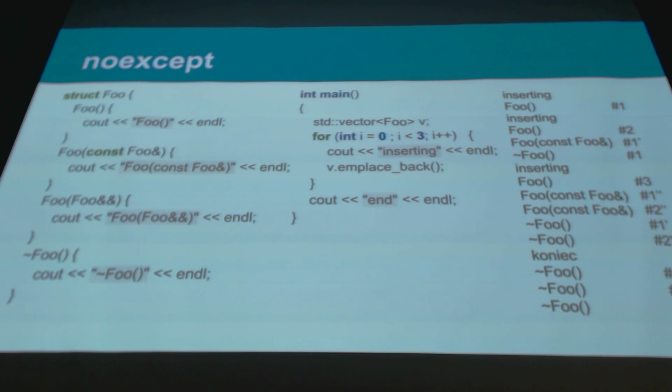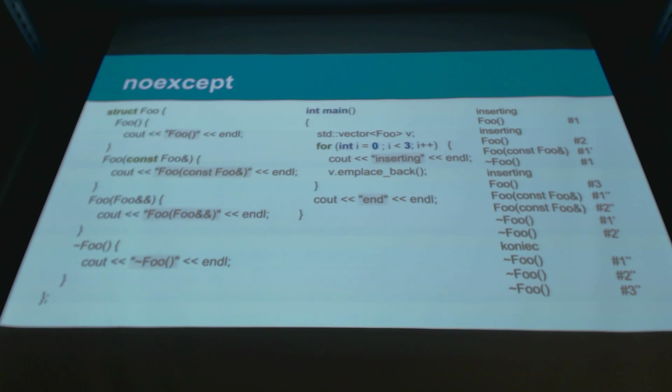So it turns out that if we run this code, we will get output like this. First we insert the first thing, then when we want to insert the second thing, the vector has to make more space, right? Because it has only one space at the beginning, or it differs by implementation, right? But in this case, it was like this. So we construct one new element, and then we are copying things, and it's like, wait, why are we copying things?